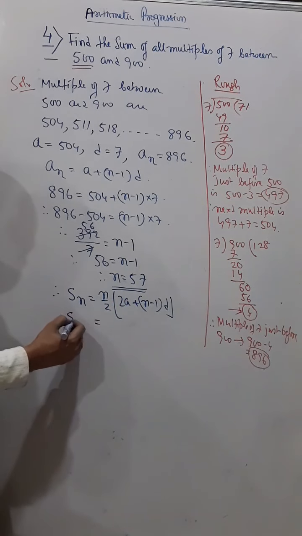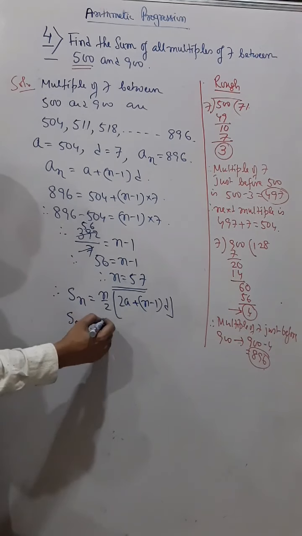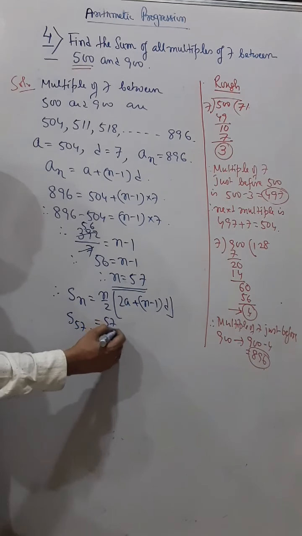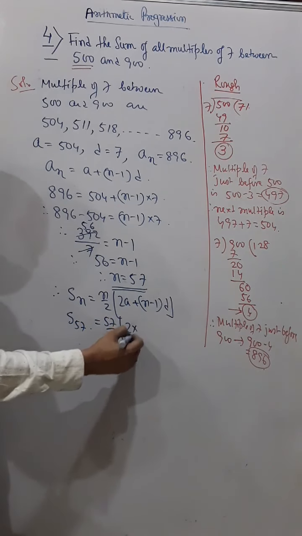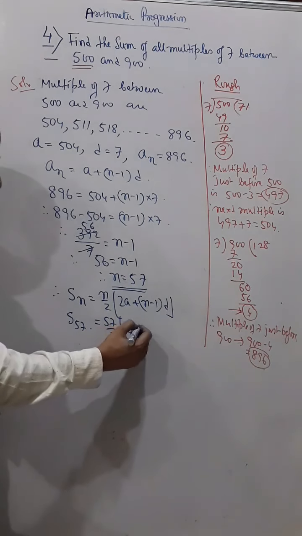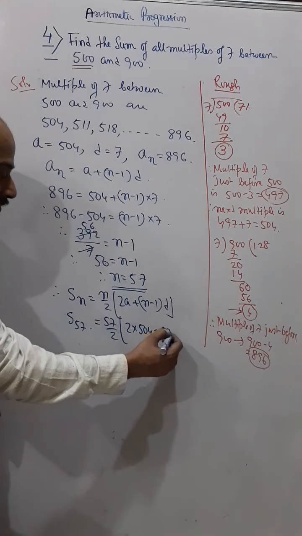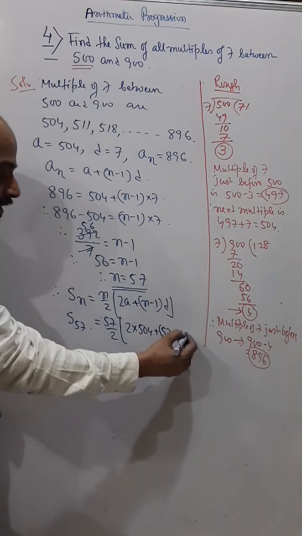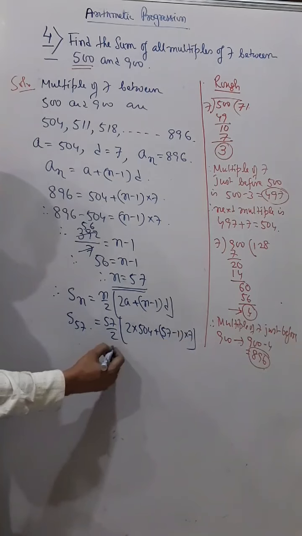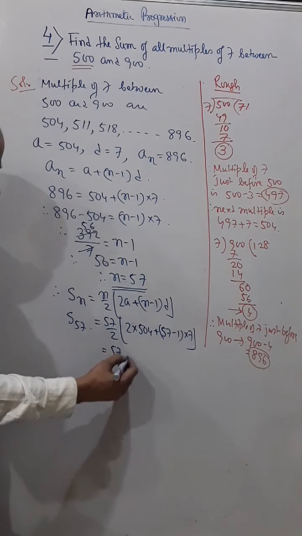So we got S57, n means 57 by 2, 2 into A is 504 plus n minus 1, that is 57 minus 1, and D is 7. So it is 57 by 2.